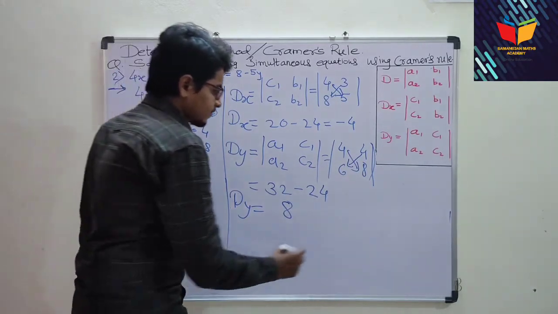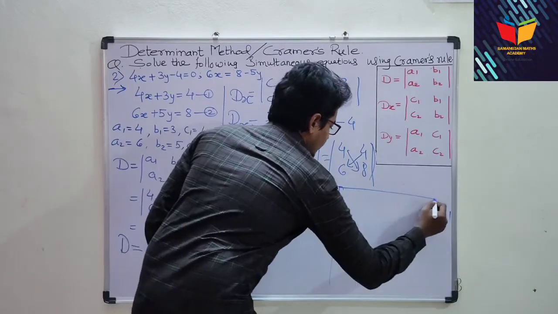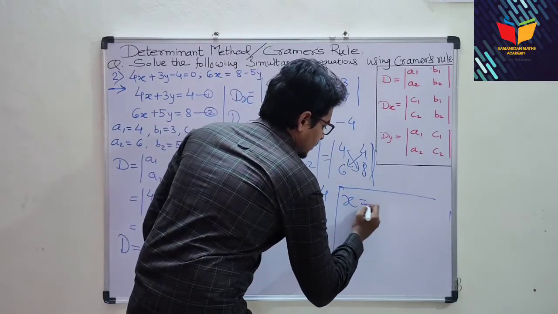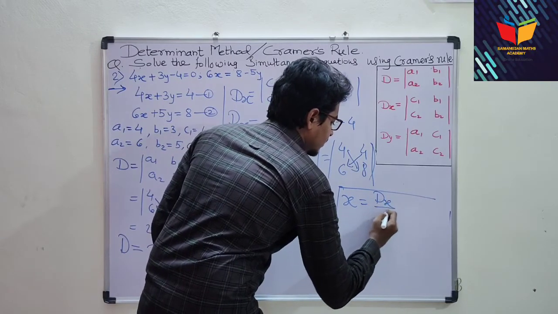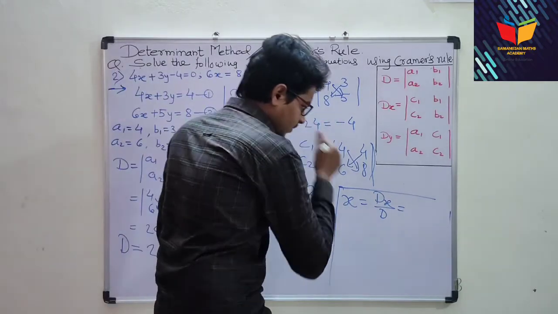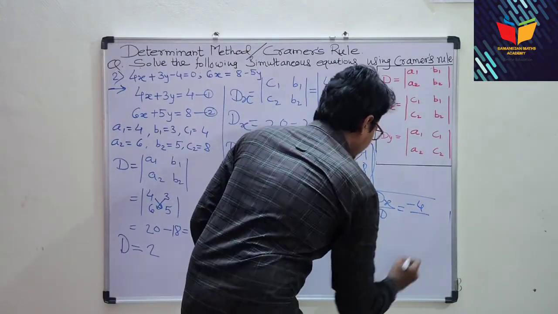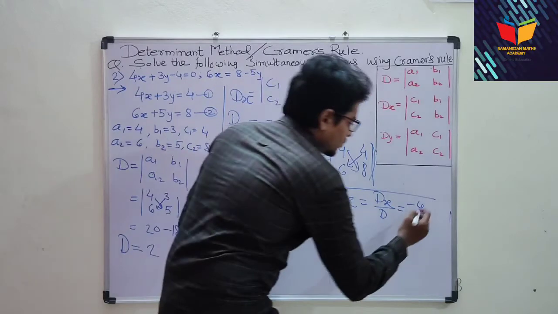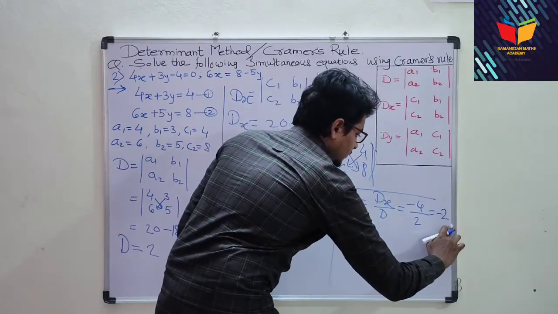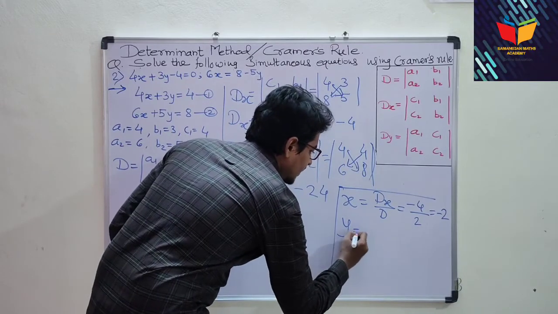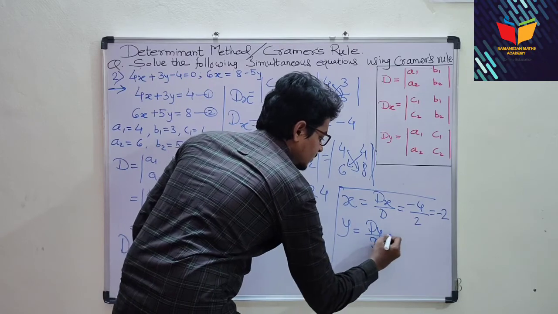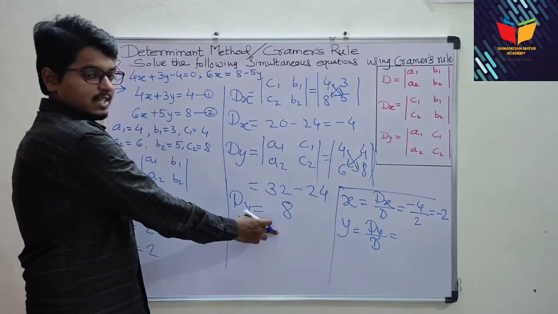Now x equal to dx upon d. So what is the value of dx? It is minus 4 and value of d is 2. So minus 4 upon 2 is equal to minus 2, and value of y is equal to dy upon d, which is equal to, value of dy is 8.